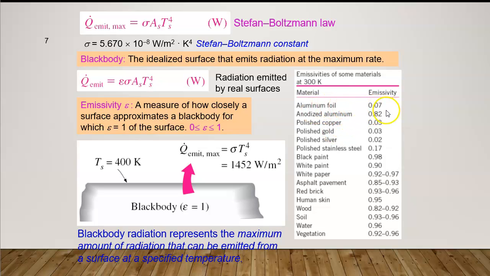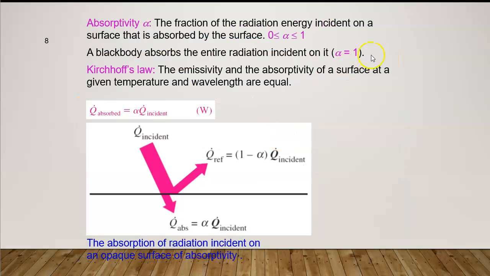So here we have emissivity values. For example, aluminum foil could only emit 0.07, or here red brick could emit 0.95 up to 0.96 of whatever we have here. Okay, then we have absorptivity.